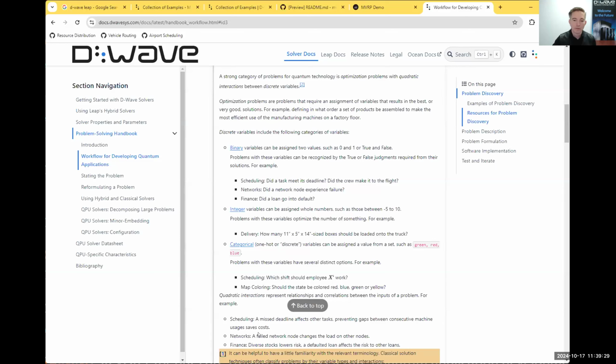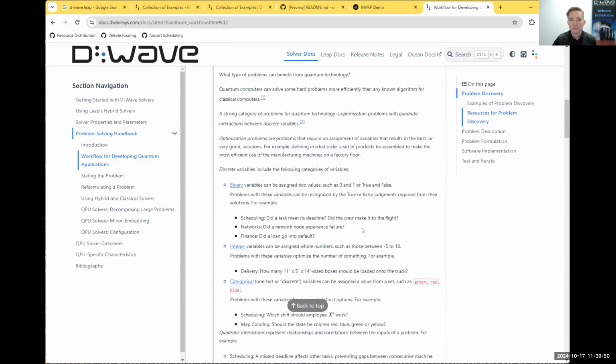So you want to consider those network effects. If you have a failed network node, that can change the load on other nodes in the network. If you've got a defaulted loan, that can basically affect the risk to other loans. So those kinds of network effects, those knock-on effects that you can get in networks and that affect your resource pool, those are the kinds of things that make these problems really difficult to solve.